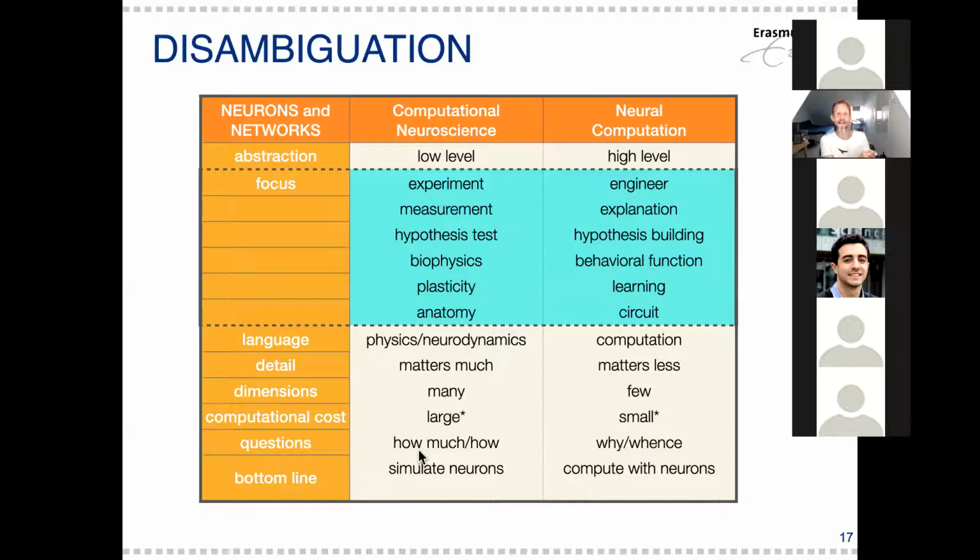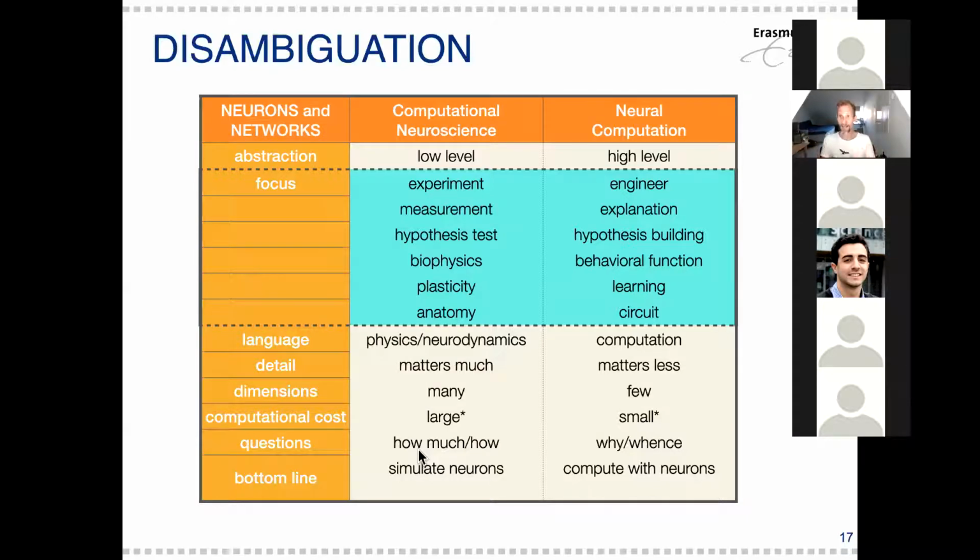Computational neuroscience looks into the anatomy, thinks about basal ganglia, cerebellum, cortex, hippocampus. Neural computation thinks about circuits, input, output: first layer convolution, second layer decision making, third layer recurrent neural network. So how do you put these things together? Assembly.